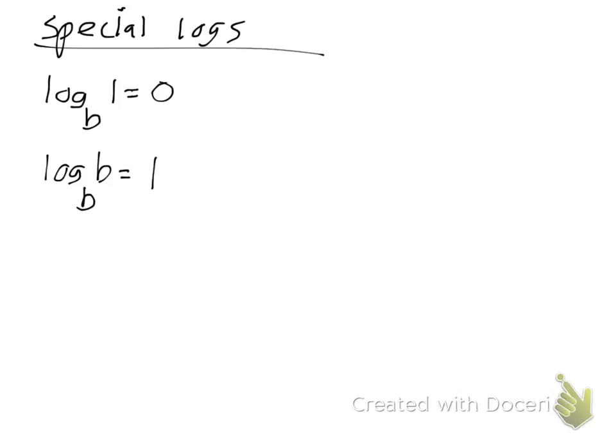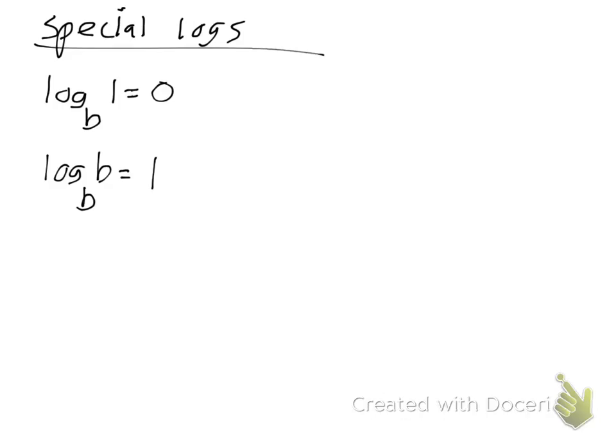And so what they're going to have you do is evaluate. What about log base 3 of 81? They want you to use the fact that log base b of b... wait a minute, I'm going to back this up just a little bit.